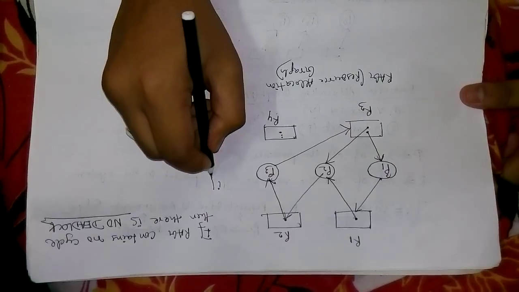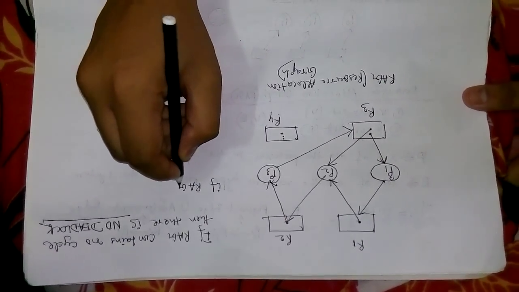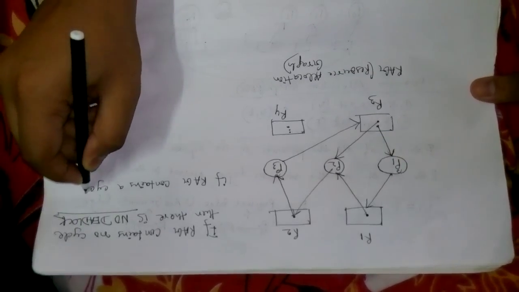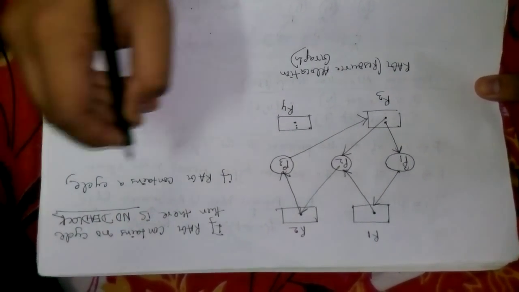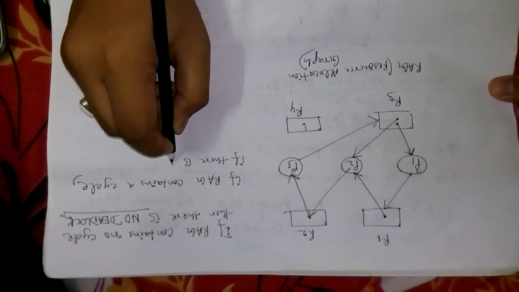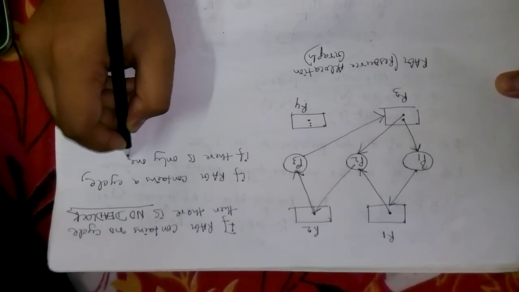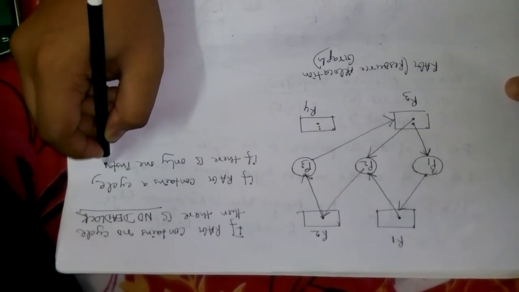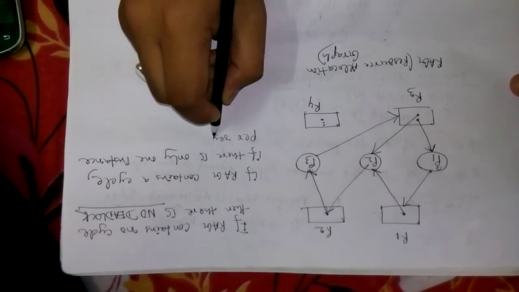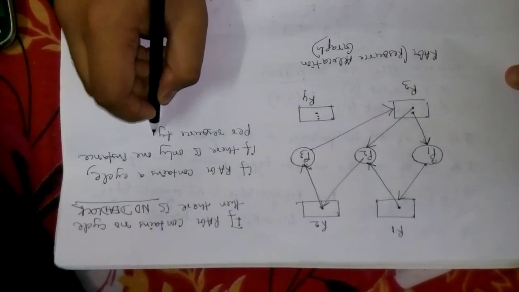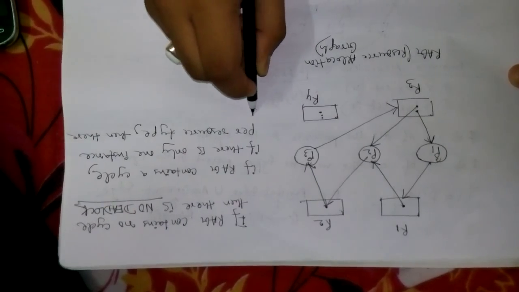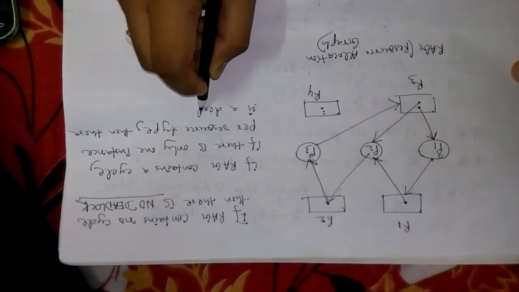If the resource allocation graph RAG contains a cycle, if there is only one instance, this is a very important concept, one instance per resource type, then there is a deadlock.